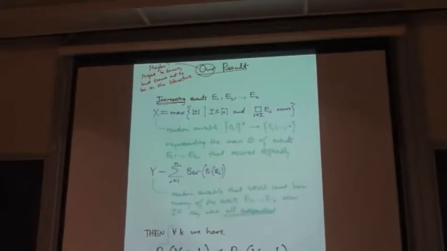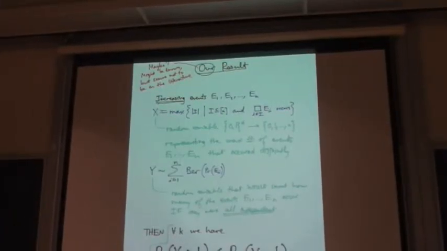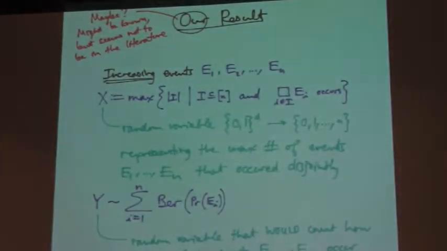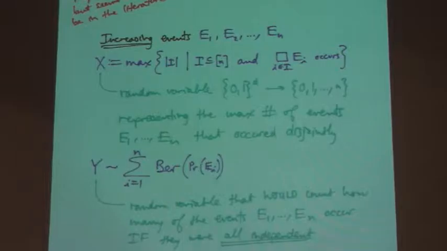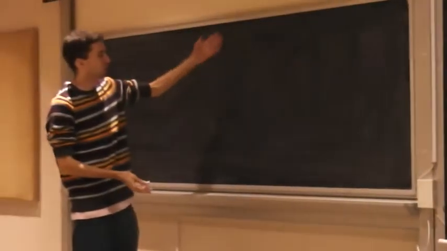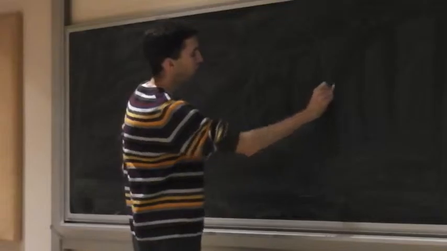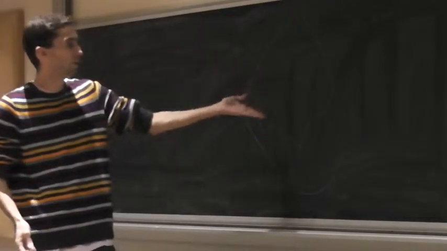Right, so I don't know how to draw a picture for this in general. Increasing events can look ugly. There's a cube there, thought of as a lattice. Increasing events don't have to look nice at all.